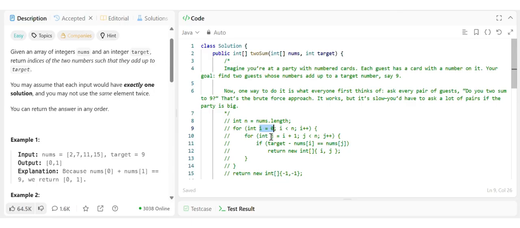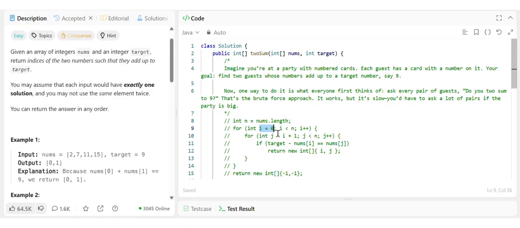If not, we will send away guest 1 and we will call guest 2. We will check it again. Does the addition of the numbers that guest 0 and guest 2 have add up to the target? If yes, voila, problem solved. If no, we will send away guest 2 and we will call guest 3.